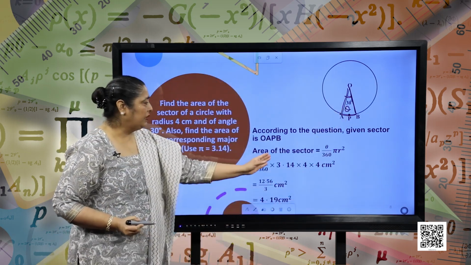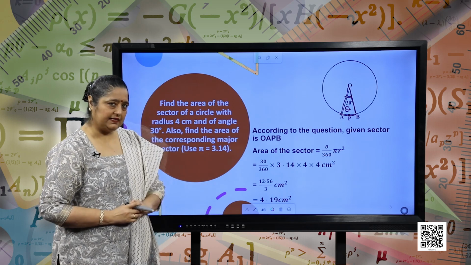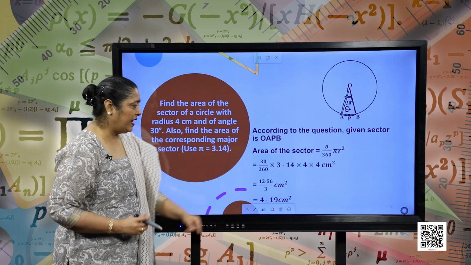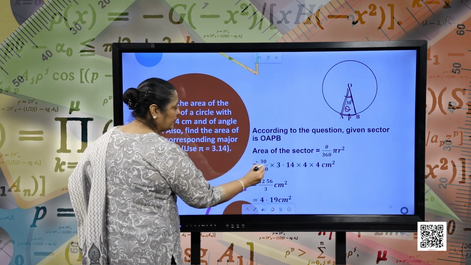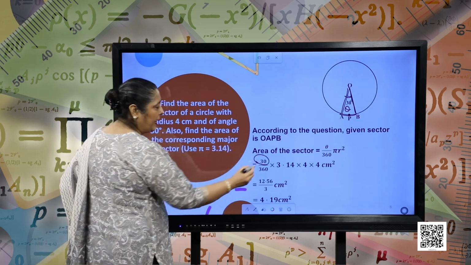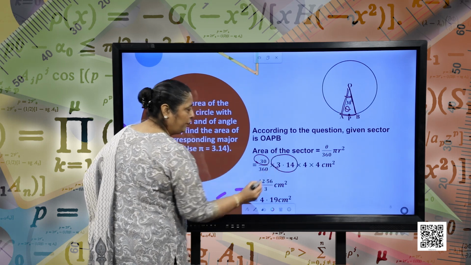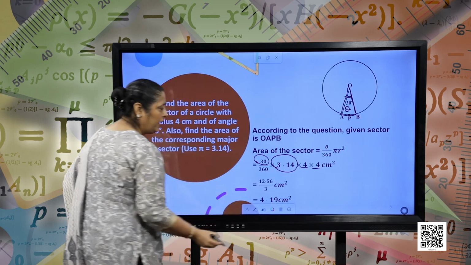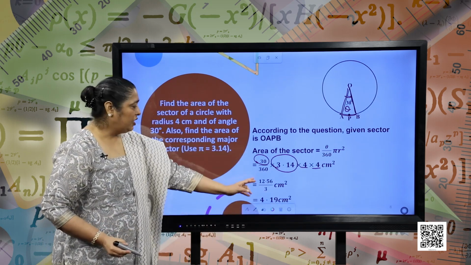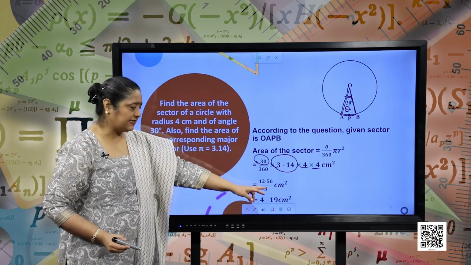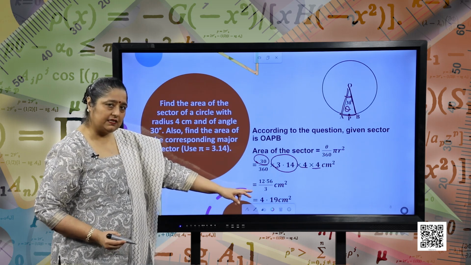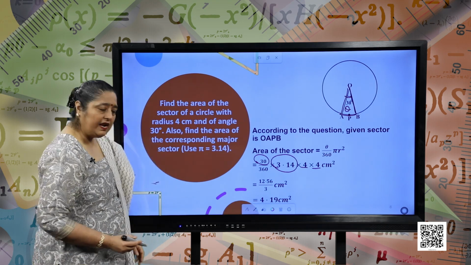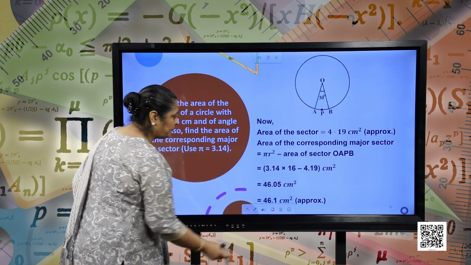Then we know the area of the sector can be given as theta divided by 360 into pi r square. Substituting the value of theta as 30 degree, pi as 3.14 and radius as 4, after calculating, we have 12.56 divided by 3 centimeter square. Simplifying again, we have 4.19 centimeter square.